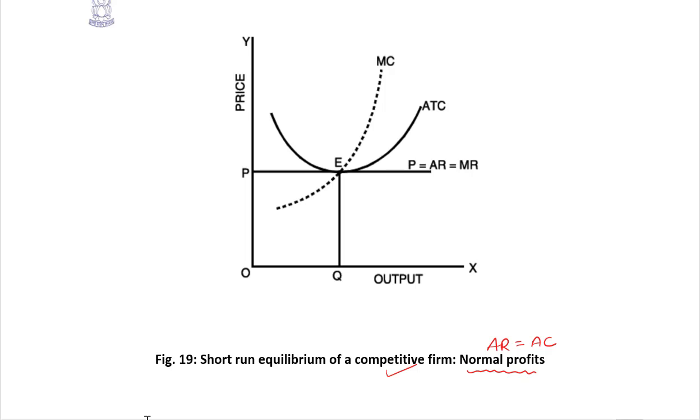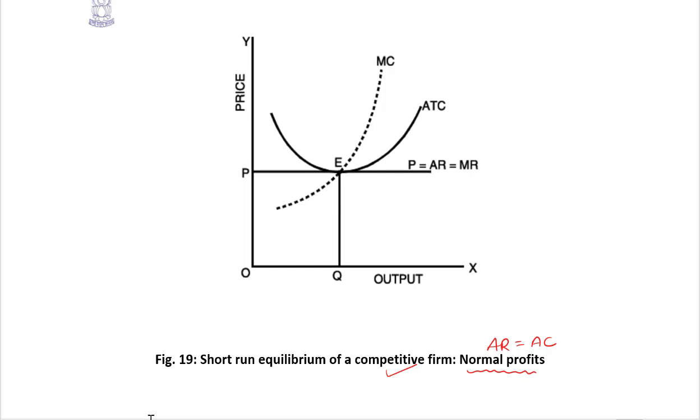As you can see in this diagram, the firm obtains equilibrium position at point OQ over here, and at point OP is the equilibrium price. At this level, the firm will be earning only normal profits, that is average revenue equal to marginal revenue equal to price, only normal profits, since normal profits are already included in the computation of average cost.